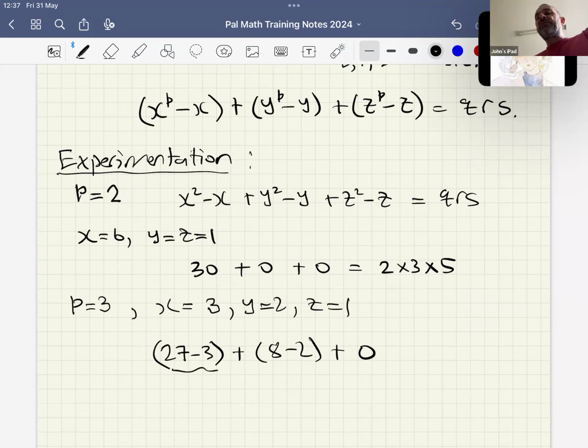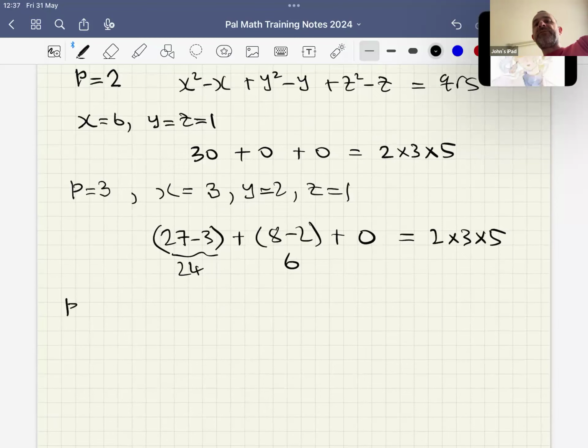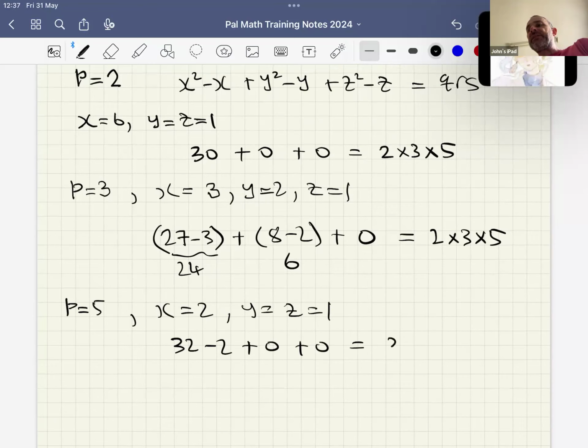So we're going to get 24 plus 6, which is again 30. And then finally, for p equals 5, it turns out that if you take x equals 2 and y equals z equals 1, you're going to get 32 minus 2 plus 0 plus 0 equals 30.